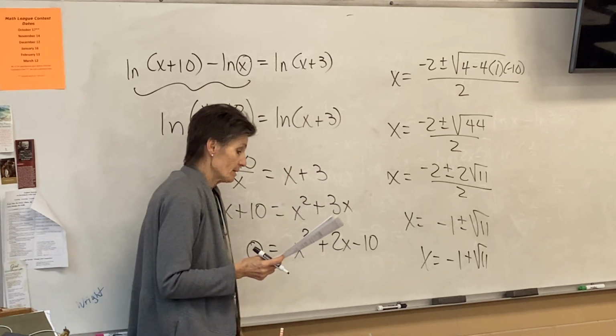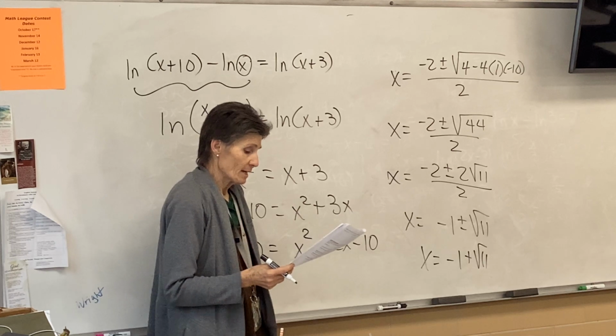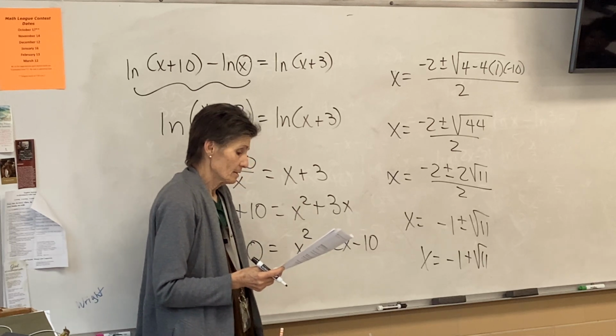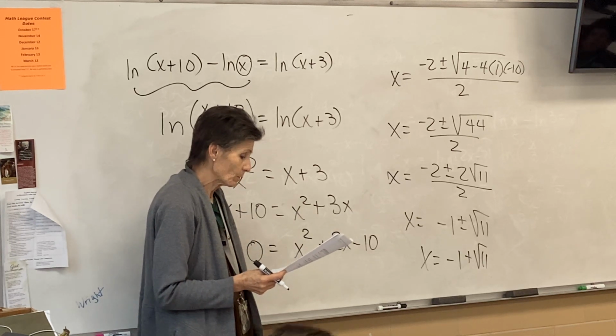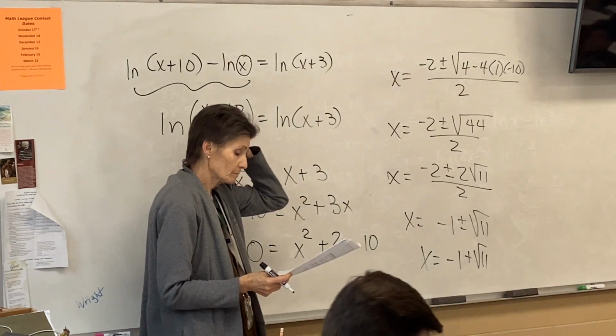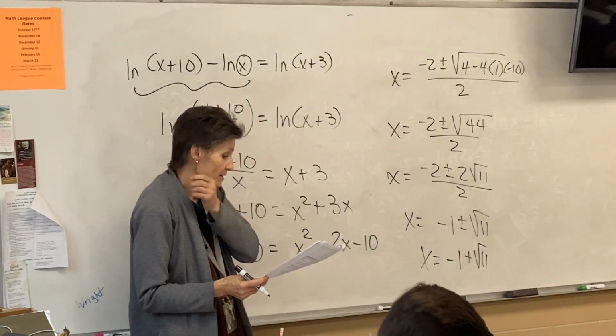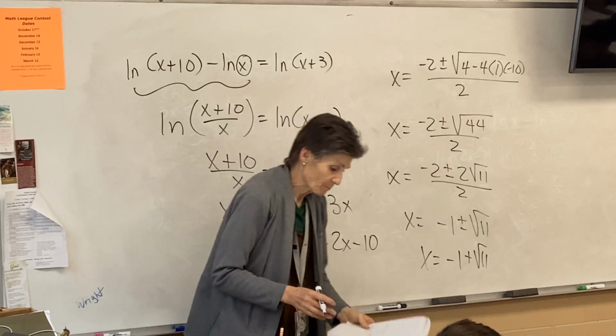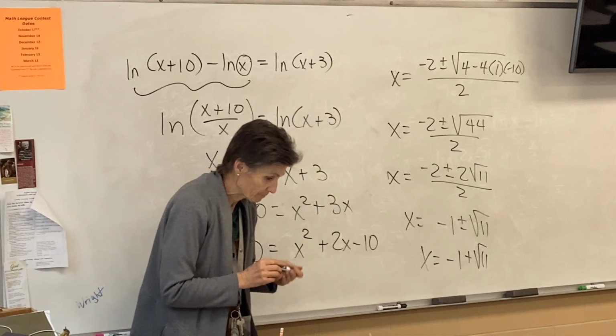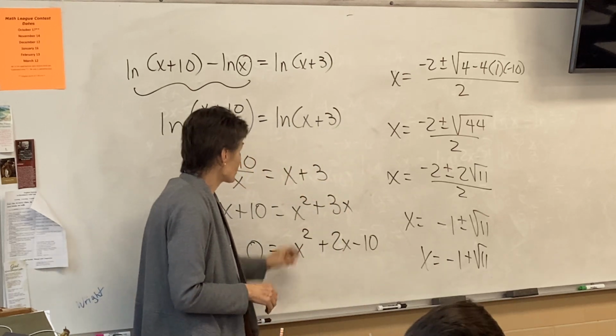All right. Number 6 is exactly the same thing. Try that one on your own. What are the x coordinates of the points of intersection? It's just like this one.